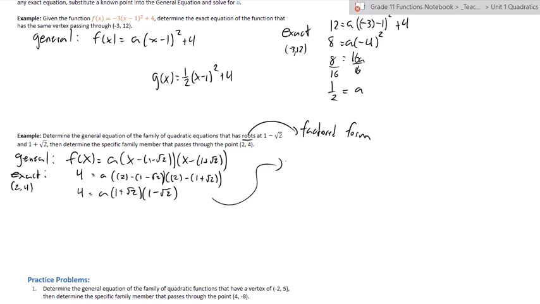So just to the side here, to see what it looks like, we would have 1 plus root 2. Whoops, that's not a 2. Then we have 1 minus root 2. If we FOIL, we have 1 times 1, that's 1. 1 times negative root 2, that's minus root 2. We have root 2 times 1, that's plus root 2. That's where they're going to disappear. And then we have root 2 times negative root 2.